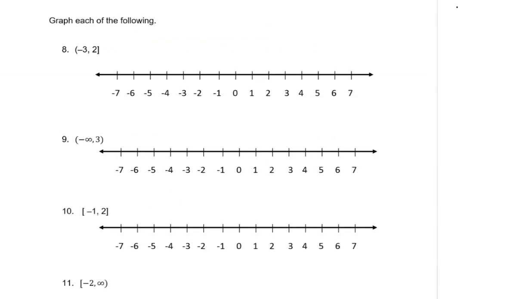Okay, this next set of problems, we are to graph each of the following. So problem 8 says I have a lower bound of -3 and an upper bound of +2. So I'm going to be graphing this part right here, and I just need to figure out what those endpoints look like. Are there going to be brackets or parentheses? Well, it's exactly like what is shown here in this interval notation.